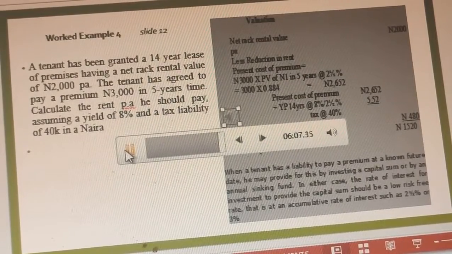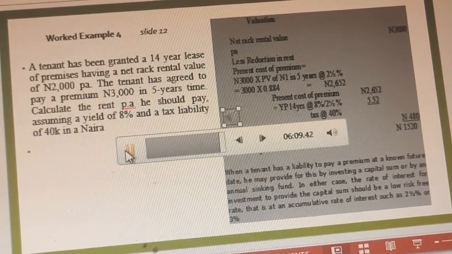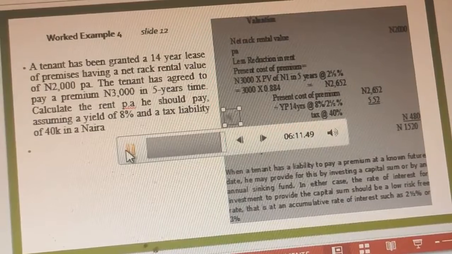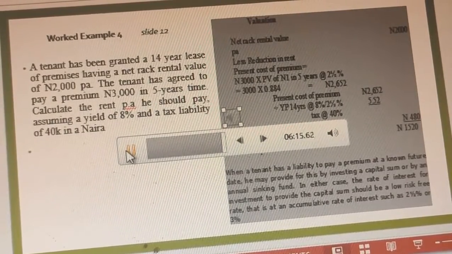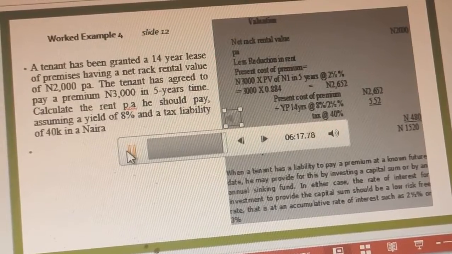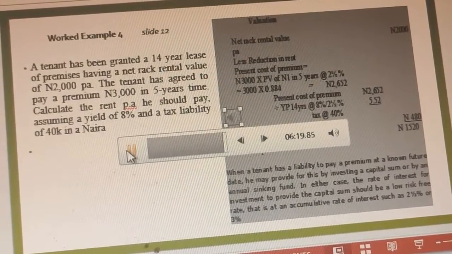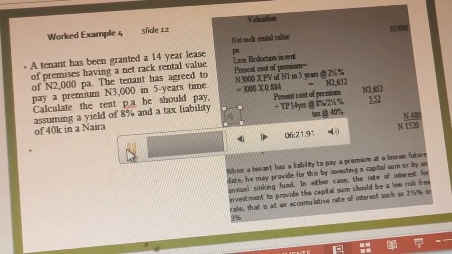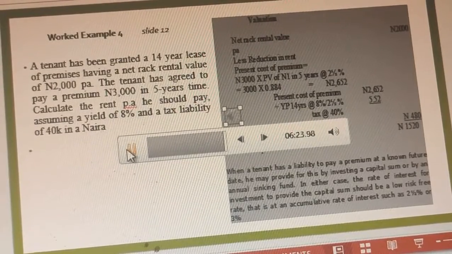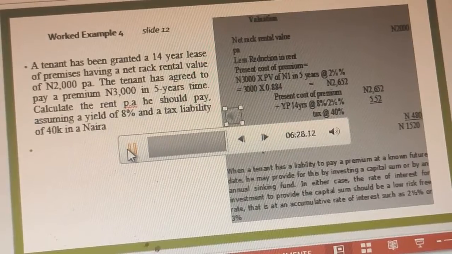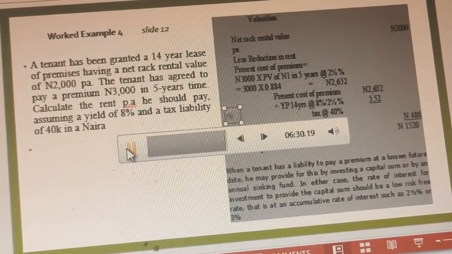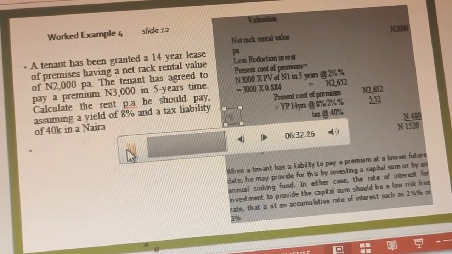It's important. When a tenant has a liability to pay a premium at a known future date, he may provide for it by investing. I'll try to explain it again: an annual sinking fund, the rate of interest for investment to provide the capital sum, should be a low risk rate. That is an accumulative rate of interest, such as 2.5 or 3%, as you may decide to use. Thank you.